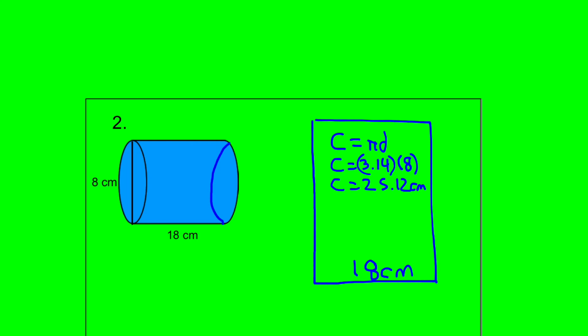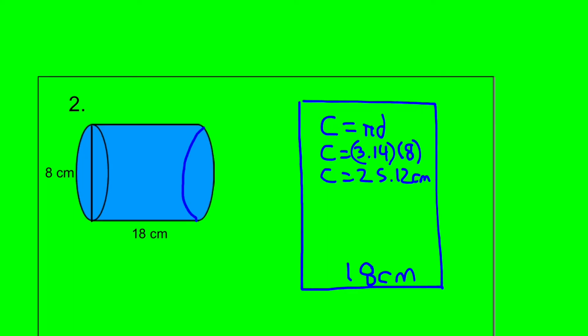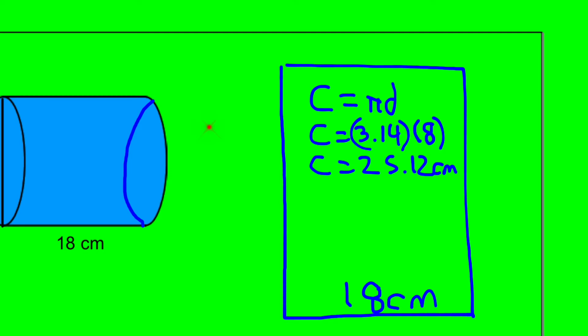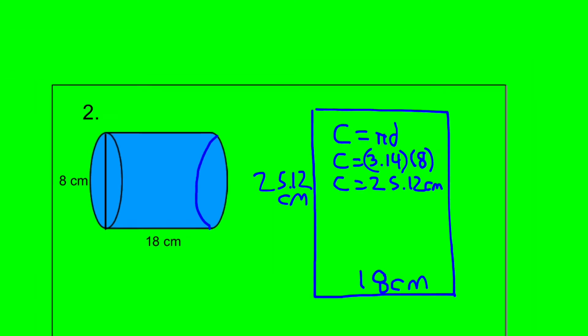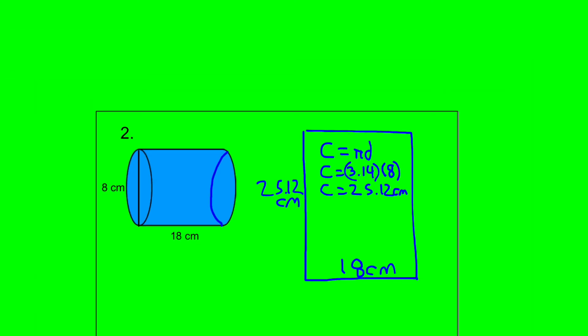So the distance around this circle is 25.12, and that distance around is the same as the long side of the rectangle. So that means the length of our rectangle is 25.12 centimeters. I'm having trouble writing on my iPad today.